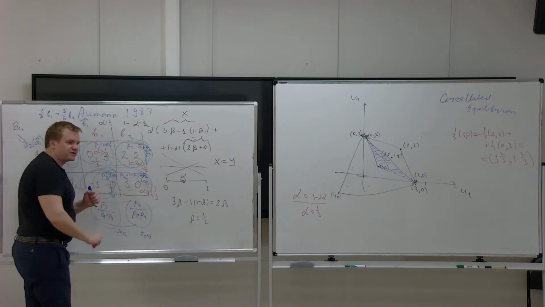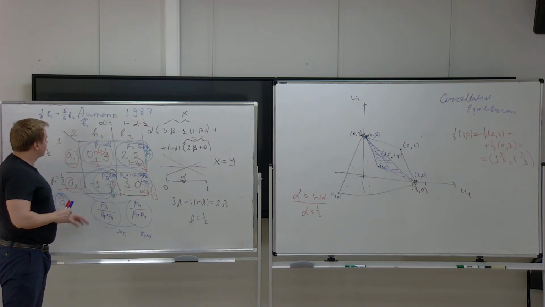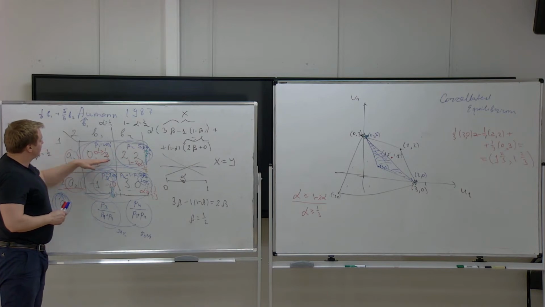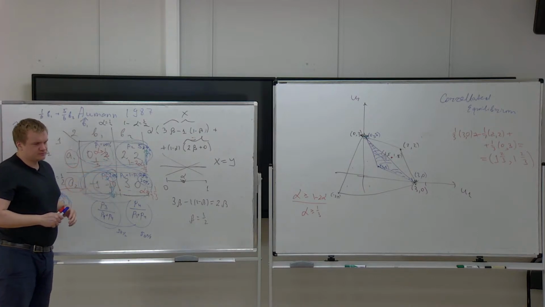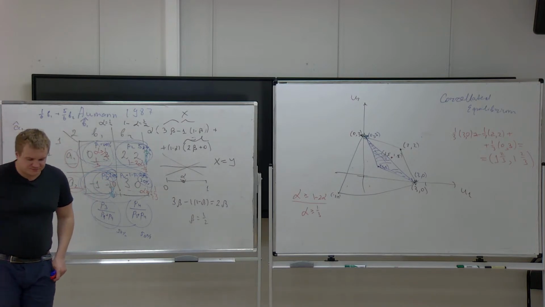To push them towards the good cell. And in fact, in optimal correlated equilibrium, we do so in such a way that we use the smallest probability which is sufficient to do so. We don't want to use a lot of suboptimal cells.